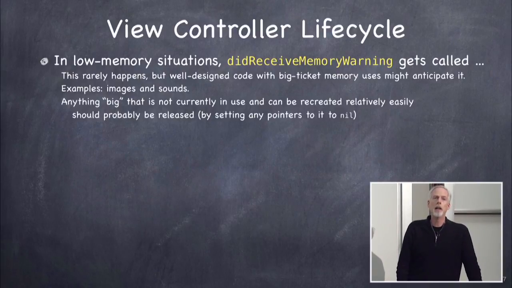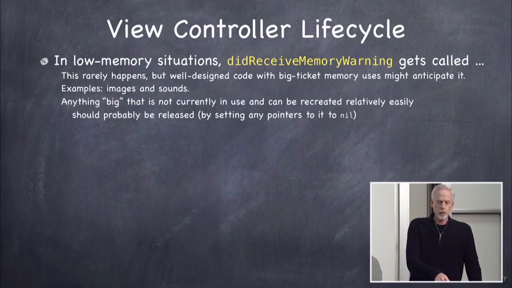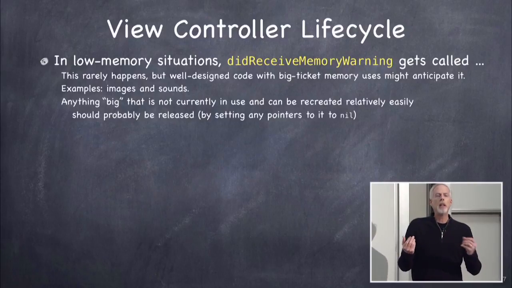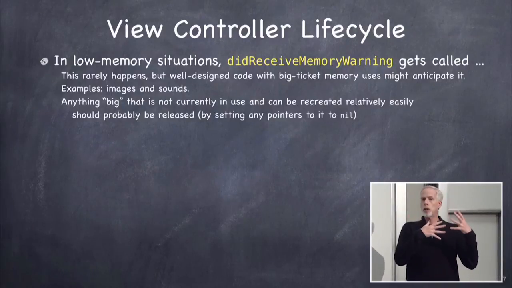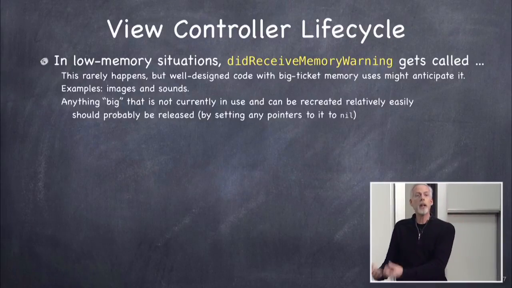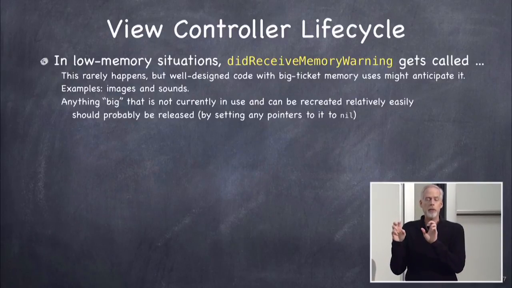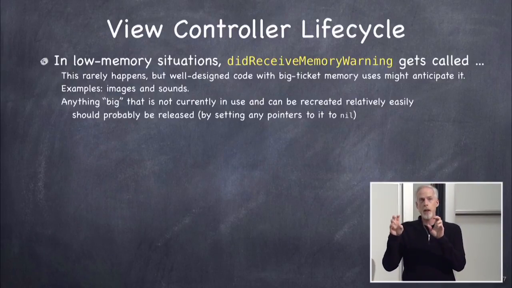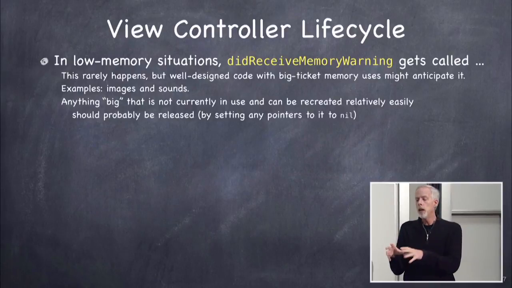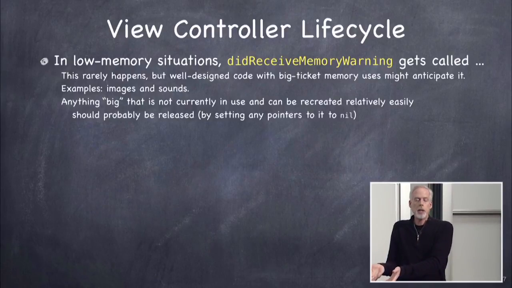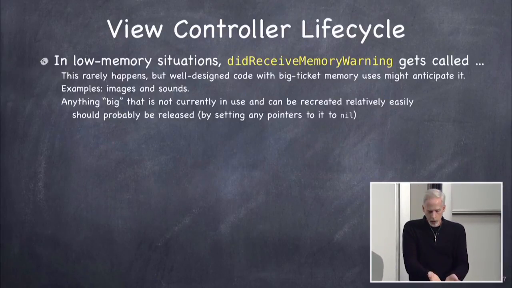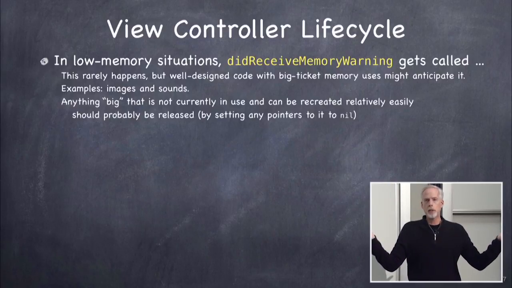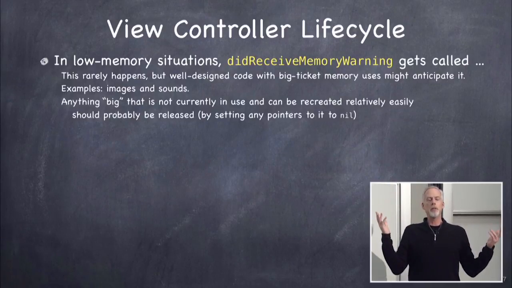What kind of memory would you free up if you got this method? Let's say you had an image that's not currently on screen, and you can create it from a file on disk. We haven't really talked about that, but your phone has permanent storage, flash memory. And you have, let's say, a JPEG image, you can just recreate it. Well, you would definitely release that here, because it's not on screen, and you can create it real fast from the disk, so there's no reason to keep it around.